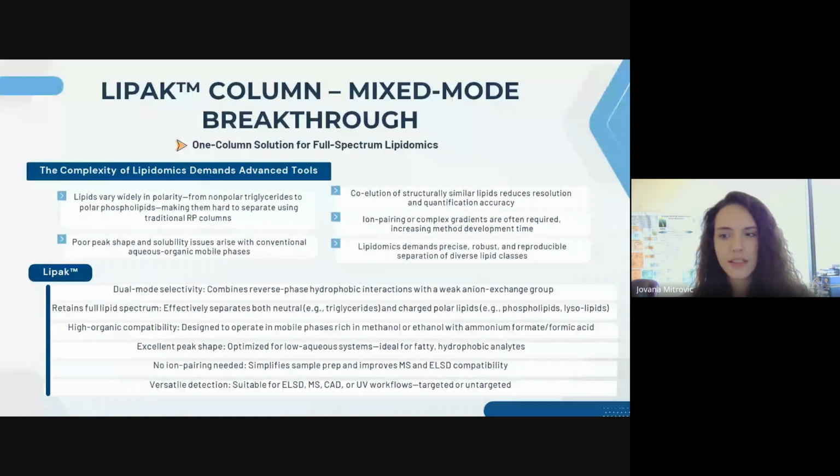It's optimized for high organic mobile phases like methanol or ethanol with a very small amount of buffers such as ammonium formate. These conditions support lipid solubility and elution while maintaining excellent peak shape without the need for ion pairing agents or complicated mobile phase systems. The result is a true one-column solution for comprehensive lipid analysis, capable of separating both hydrophobic neutral lipids and amphiphilic lipids in a single run.